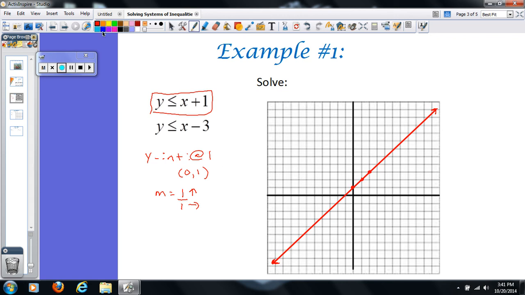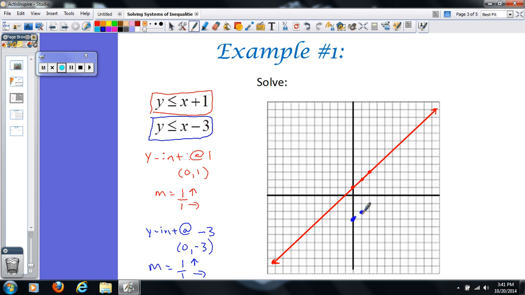And now we're going to graph the second one, which is y is less than or equal to x minus 3. So my y-intercept then is at -3, which is the point 0, -3. My slope is 1 over 1, which means I'm going up and right. So 0, -3 is right here.